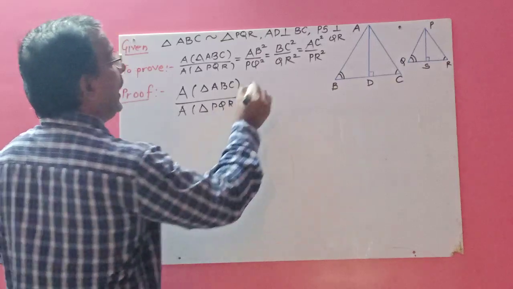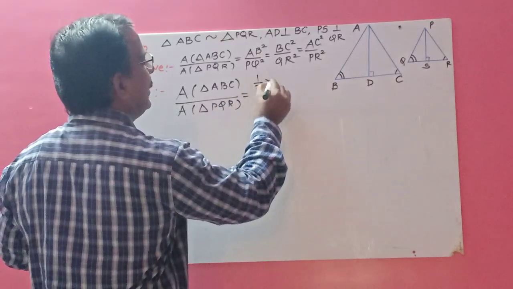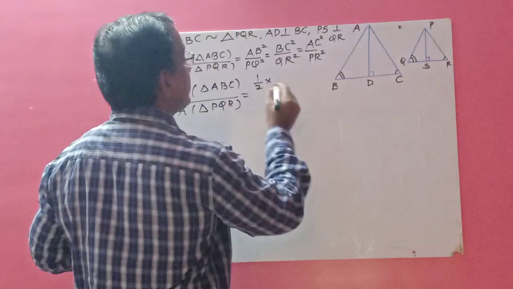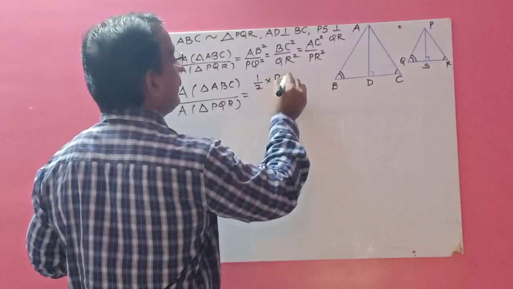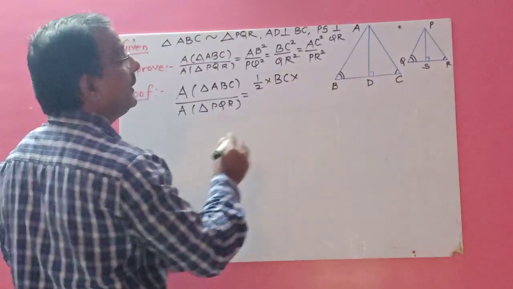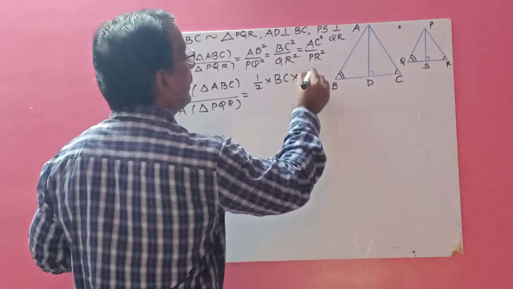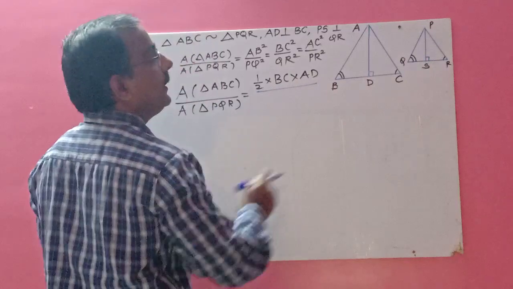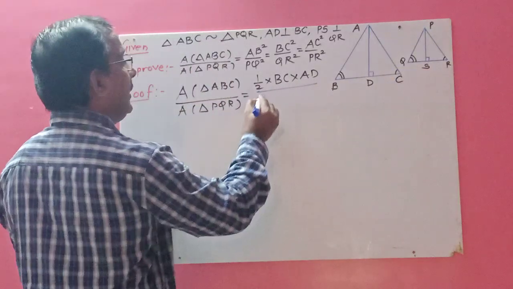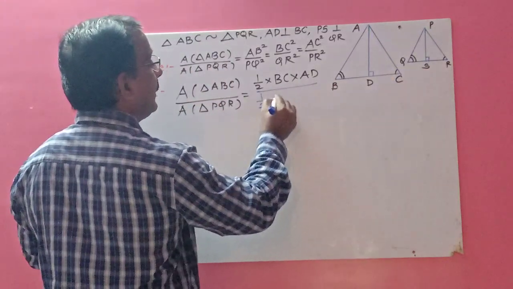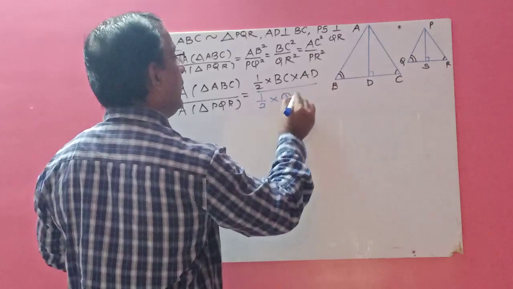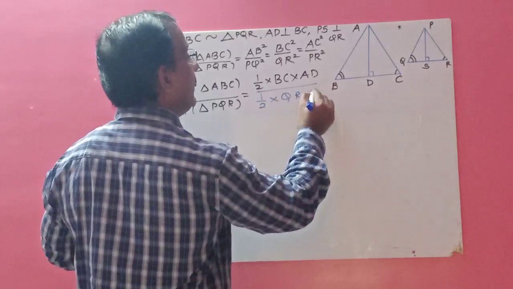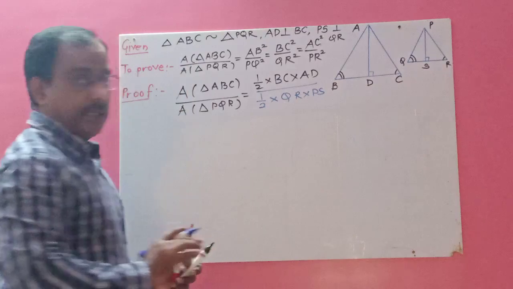This is equal to half into base BC into height AD, upon area of this triangle PQR, half into base QR into height PS. Clear?